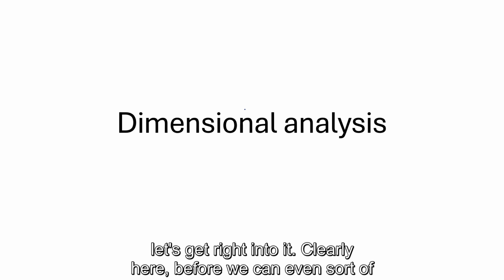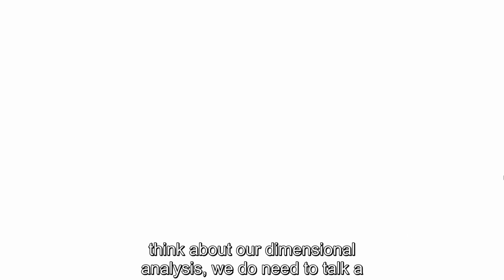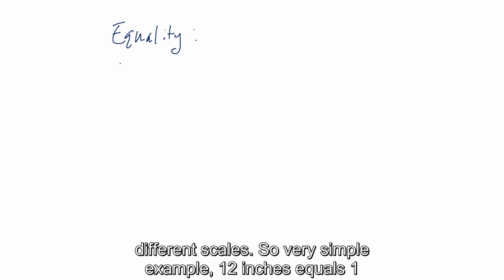Clearly here, before we can even think about our dimensional analysis, we do need to talk a little bit about an equality. An equality is basically two things that represent the same amount of something but are on different scales.